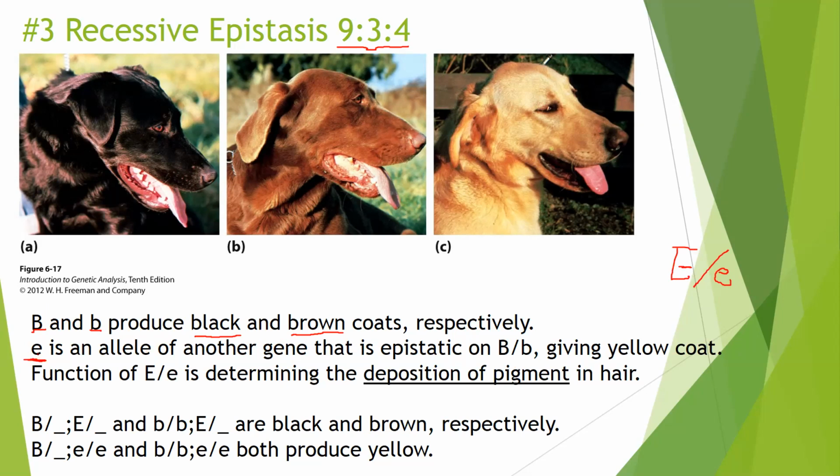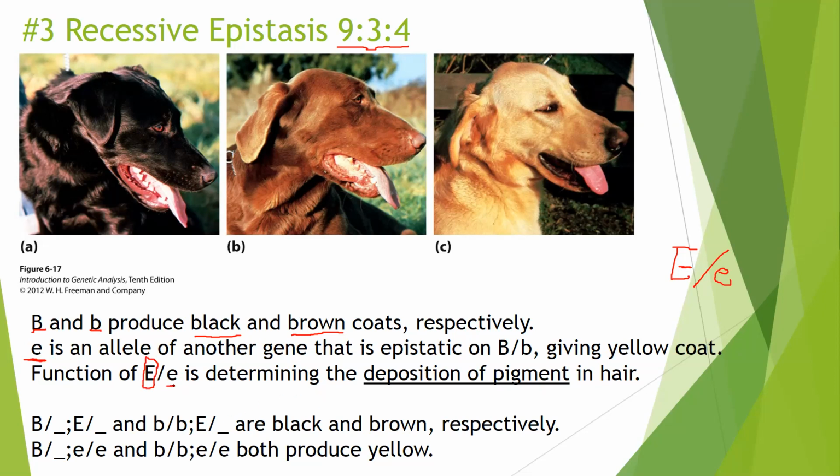The E gene actually determines the deposition of the pigment in hair. Only if this gene takes the wild type, capital E, can the pigment be deposited in the hair, in the coat.